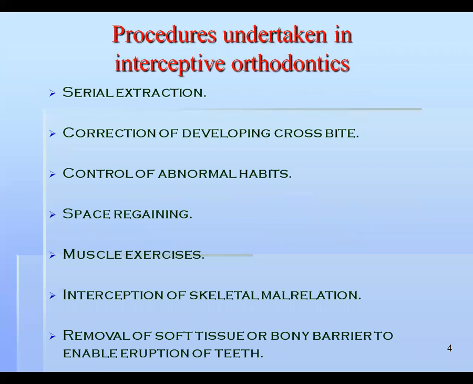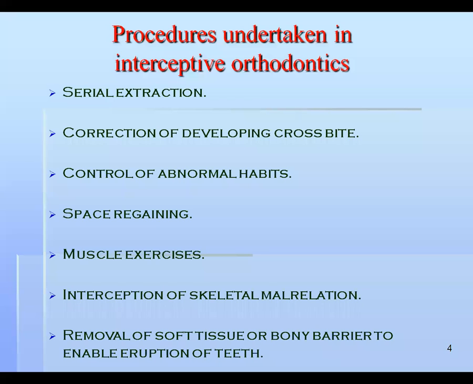Different procedures which are done in interceptive orthodontics are serial extraction, correction of developing crossbite, control of abnormal habits, space regaining, muscle exercise, interception of skeletal malrelation, removal of soft tissue or bony barrier to enable the eruption of unerupted teeth.